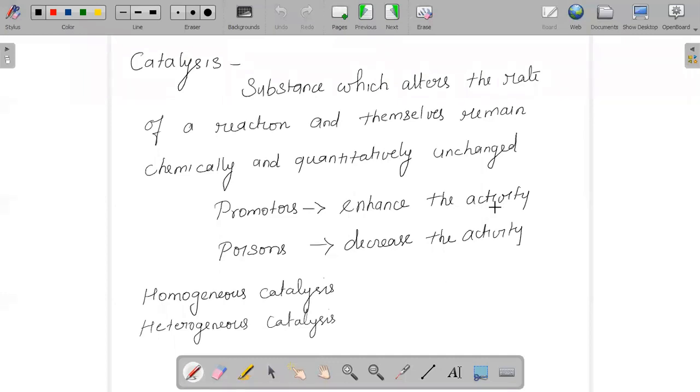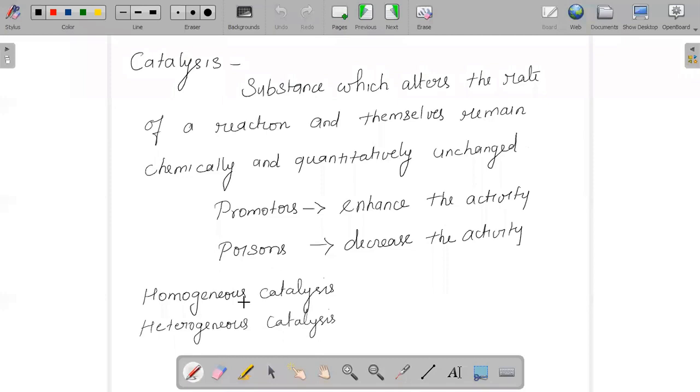And a substance which decreases the activity of the catalyst is called a poison. The substance that enhances the performance of a catalyst is a promoter, and the one that decreases the activity of the catalyst is a poison.